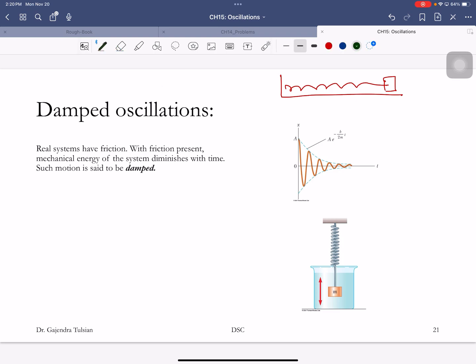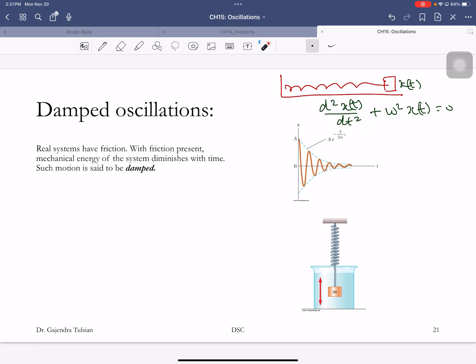For this system, the differential equation x(t) is that. Okay. Now what we're going to do is, we'll say, what if there is friction? How does the model change? Okay. What is the equation that models the system with friction present?